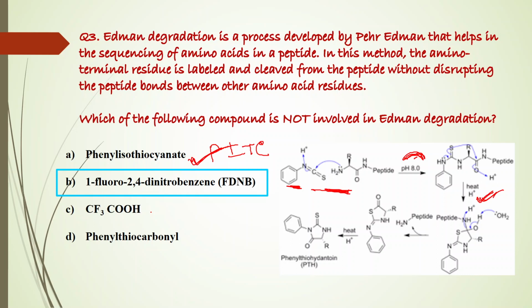A very small amount of trifluoroacetic acid will also be required. So this is also required, as you can tell from the mechanism. And then we have the formation of phenylthiohydantoin, that is this PTH moiety. So PITC, PTH and acid are all involved in Edman degradation.